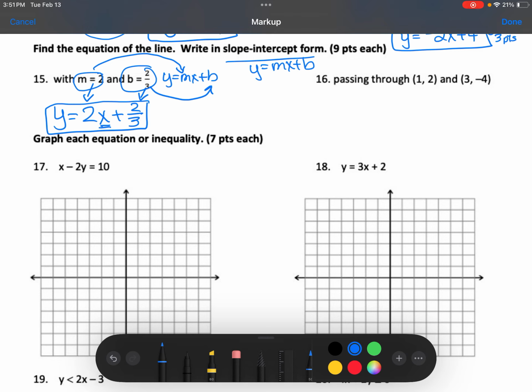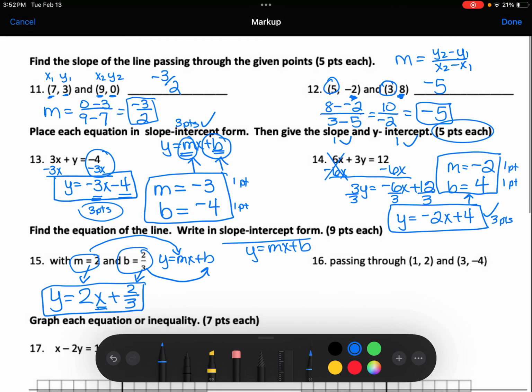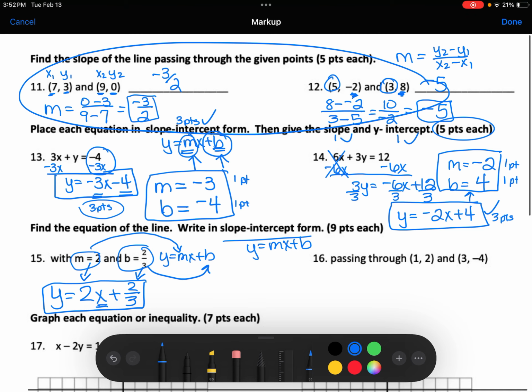Okay, that's it for that one. Number 16, we have 2 points. And remember, the instructions for both 15 and 16 say, find the equation of the line and write it in slope-intercept form. So before I can make an equation, I need to find the slope. So remember up here where I said, hey, in a minute, all this slope stuff, you're going to have to do down here in 16.